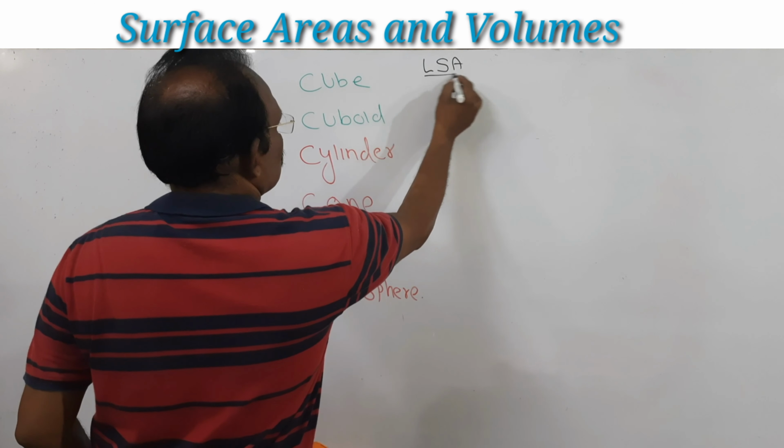If it is centimeter, centimeter square. But in case of volume, if it is centimeter, centimeter into centimeter into centimeter, the unit will be cubic, centimeter cube or meter cube. Remember, only for volume the unit will be cube, and wherever it is area the unit will be square.